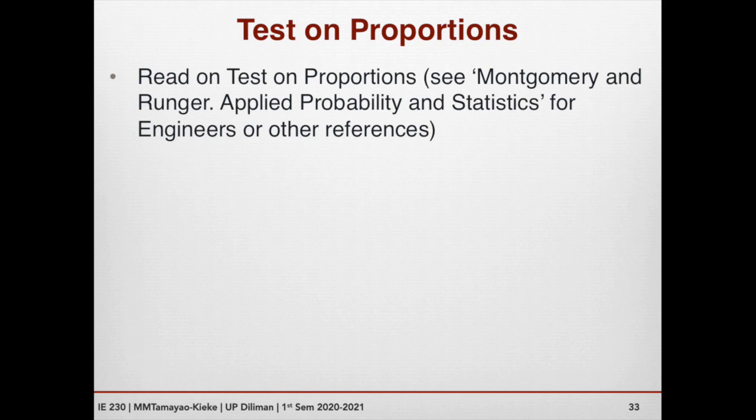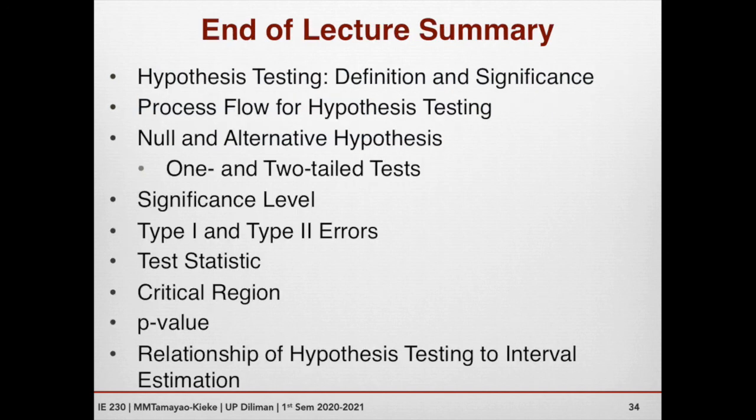Then you have to know what distribution you can assume for your parameters, and therefore what test statistic you should look at, and then find the critical region. And as I've shown you, there are tables that summarize these different parameters for different cases.